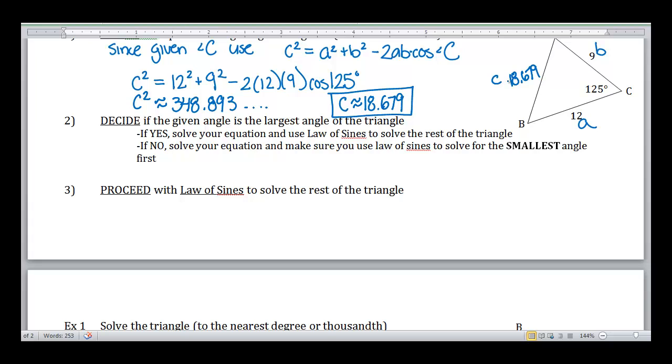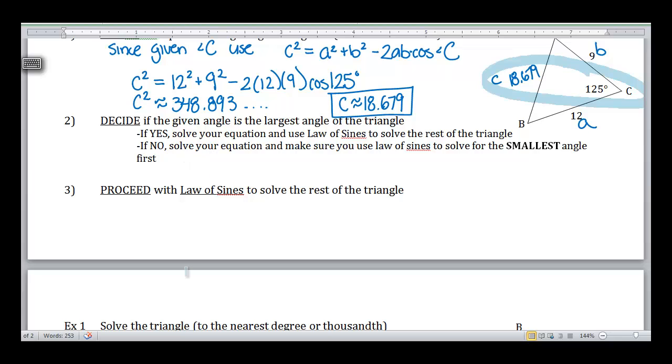Now, just like before though, when we're solving a triangle and only given 3 parts, we need to solve for all 3 parts. And so step 2 is to decide if we know, or if we were given, the largest angle of the triangle. If the answer is yes, you can then use your law of sines to solve for the rest of the triangle, because you now know an angle and its opposite side length.